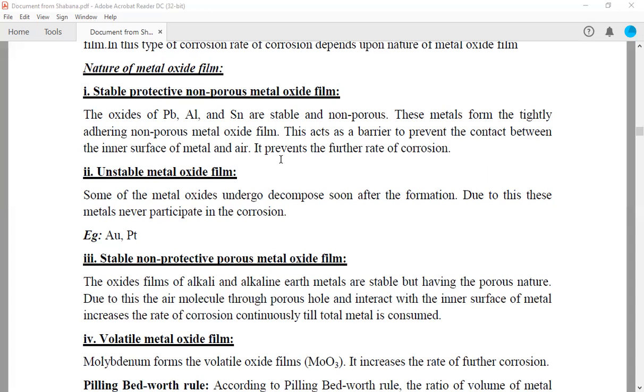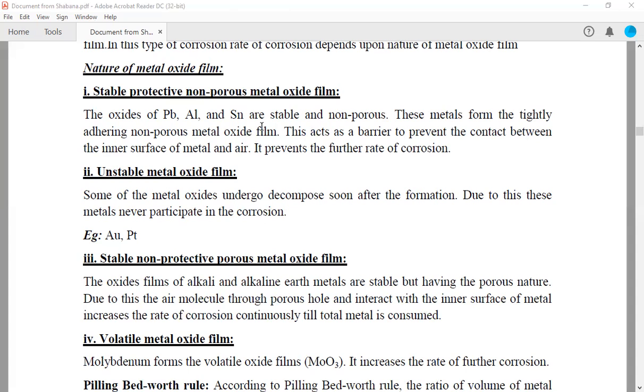In that way, this type of metal oxide prevents further corrosion. Examples are the oxides of lead, aluminium, and tin. They form very stable and non-porous metal oxide films.